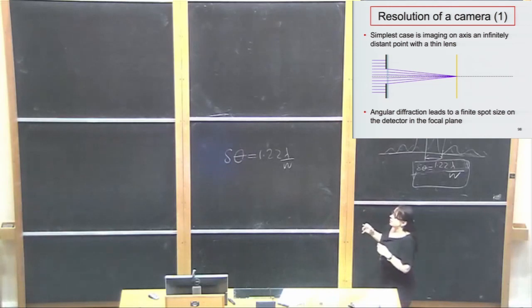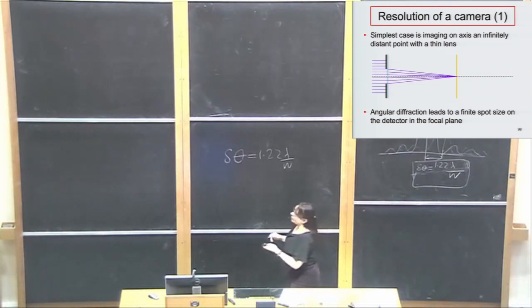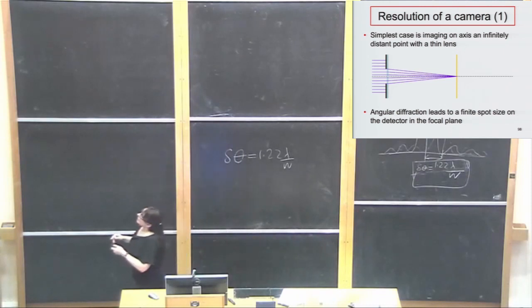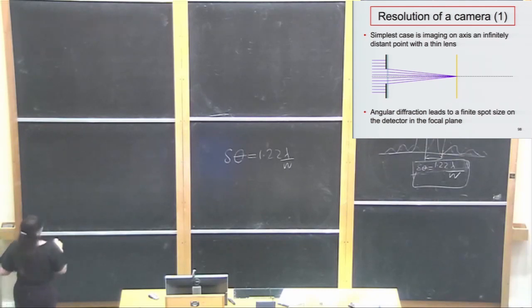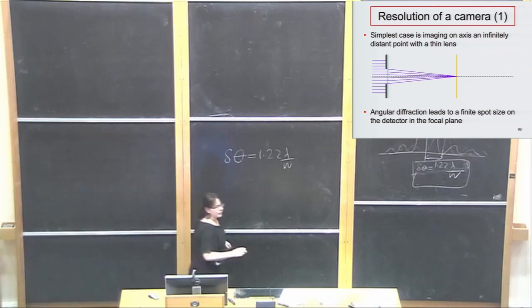It's going to determine whether I can recognize things as two separate objects or not. Now, this is essentially a camera that I've drawn. This is one of the simplest pieces of optical equipment. Often you're looking far away, so the paraxial approximation is fine. And these rays are being focused to a finite size spot, and this detector or piece of photographic film is one focal length away from my lens.